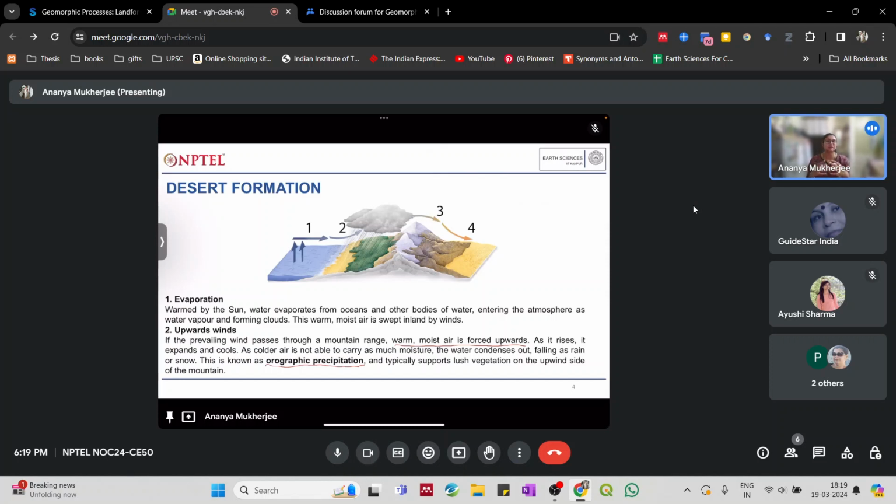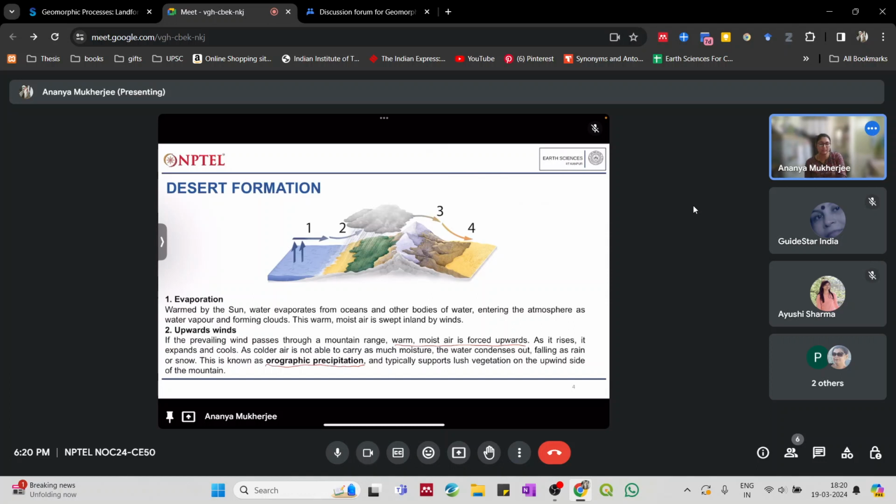Since colder air cannot contain the amount of moisture that the warm air brought with it, the water starts condensing, and we get precipitation, either as rain or snow. This is known as orographic precipitation.